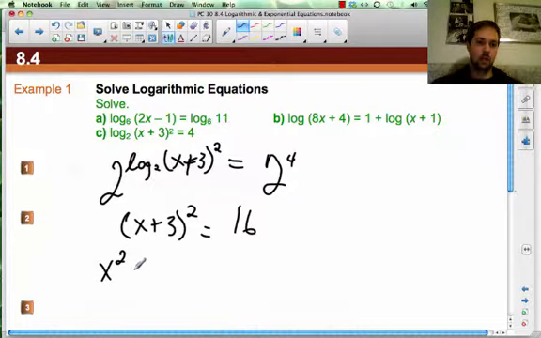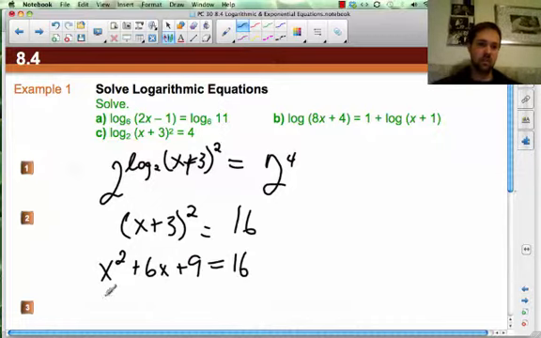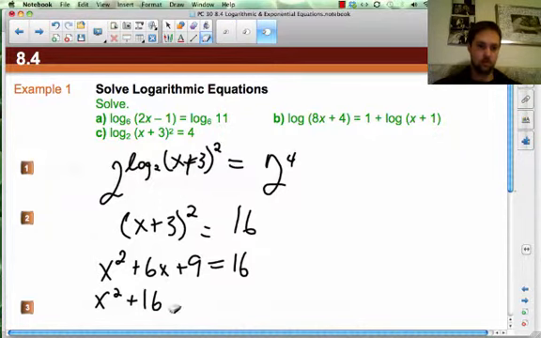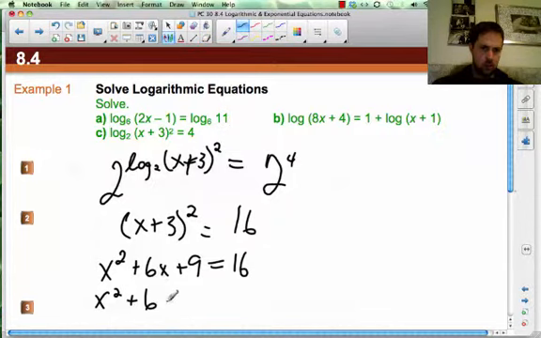Expand it. X squared plus 6x plus 9, get that by foiling, equals 16. Subtract 16 from both sides. So x squared plus 6x, and 9 minus 16 will yield minus 7, and that equals 0.